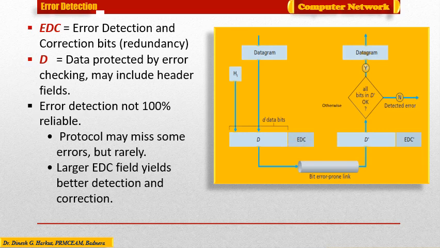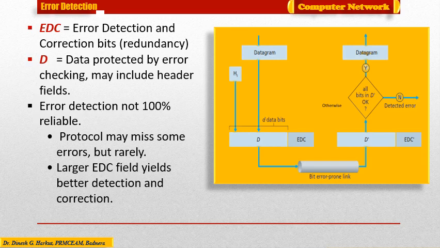Typically, the data to be protected includes not only the datagram passed from the network layer for transmission across the link, but also the link layer addressing information, sequence numbers, and other fields in the link frame headers.